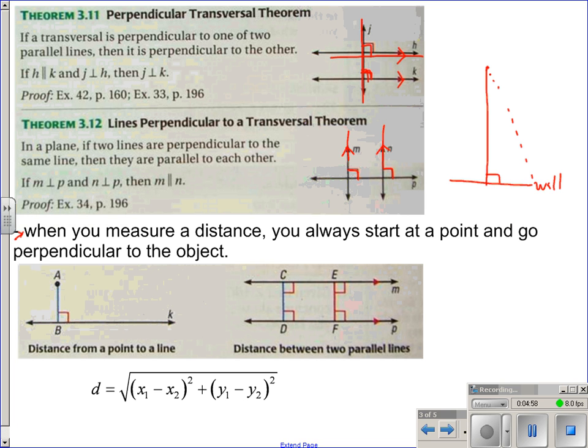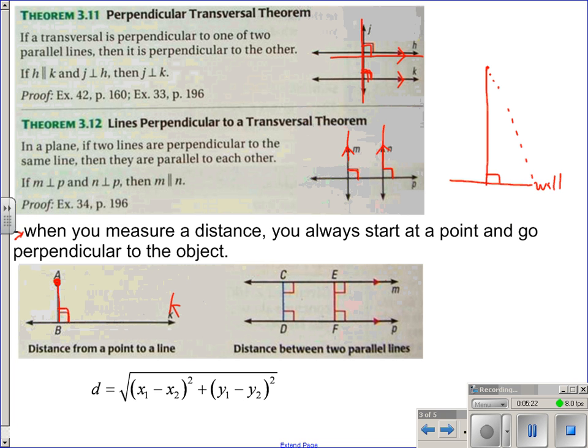And so in this class, the idea is if you have a point A, looking at this picture on the left, and you have this line K, to measure the distance from point A to line K, you go from A perpendicular to line K at point B. You always measure a distance perpendicular to the object.